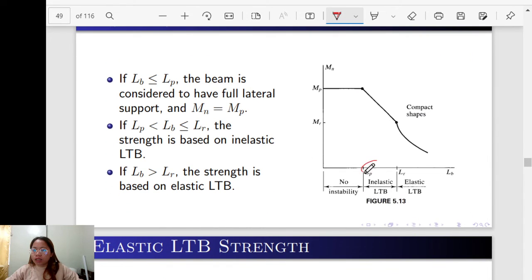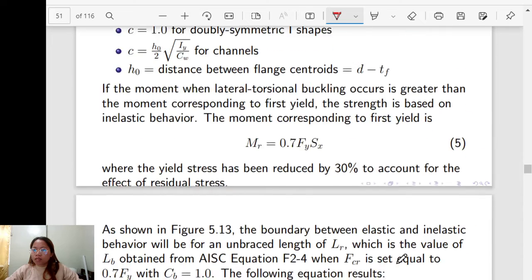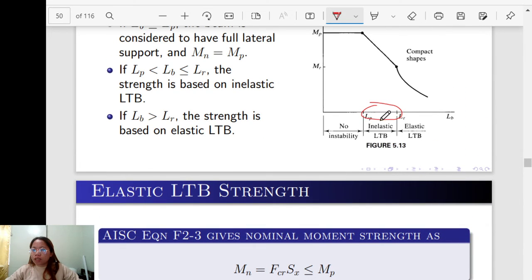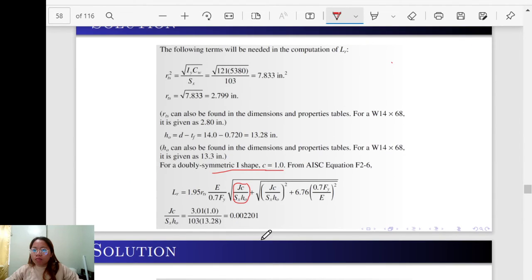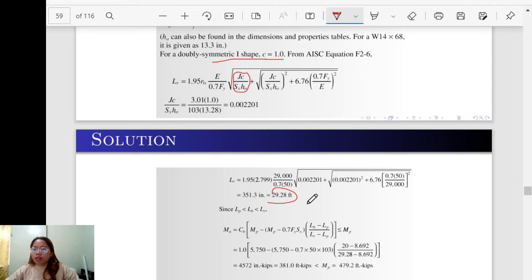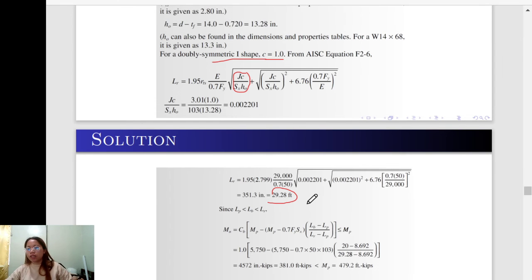The value of the L sub b, or the unbraced length, is within this inelastic lateral torsional buckling region, no, because it is 20 feet, then L sub p is equal to 8 point something, while L sub r is equal to 29.28. So it is in between, no?